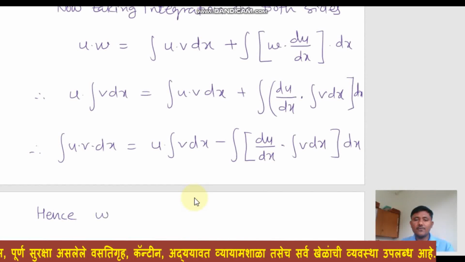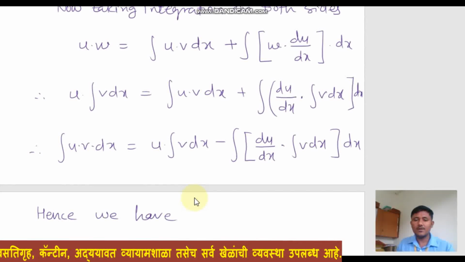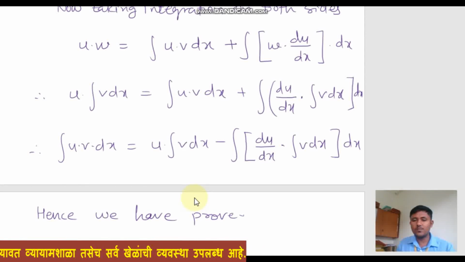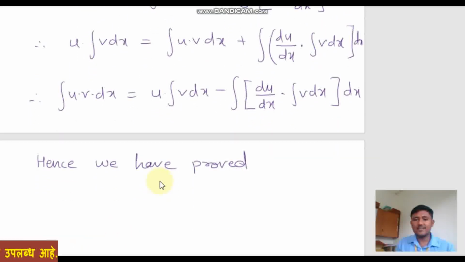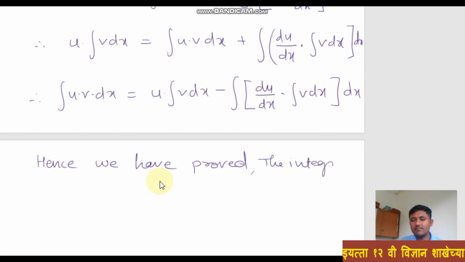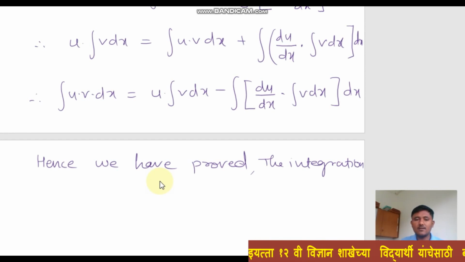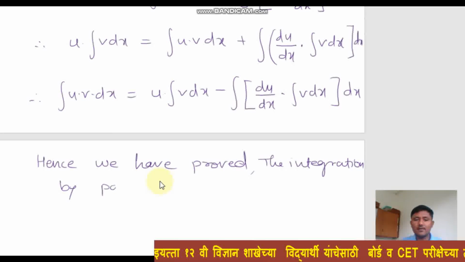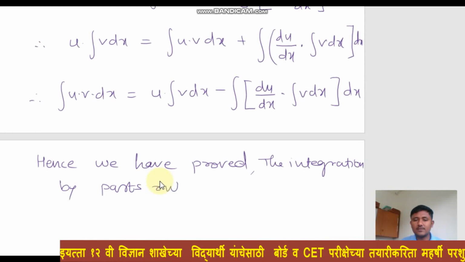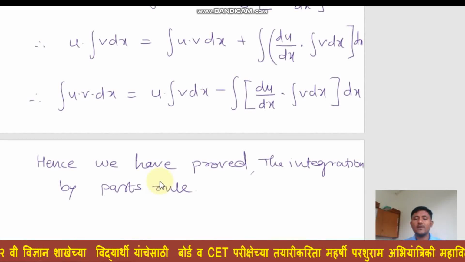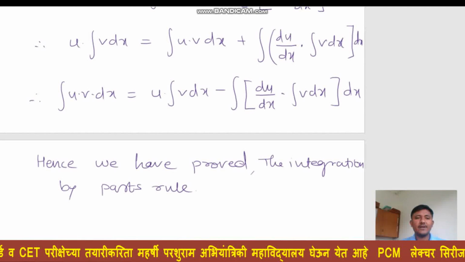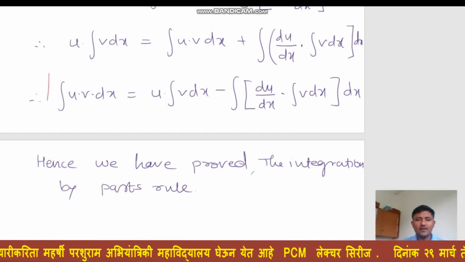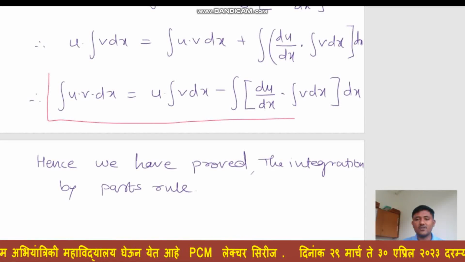Hence we have proved the integration by parts rule. So using this rule, we may find the integration of the asked question.